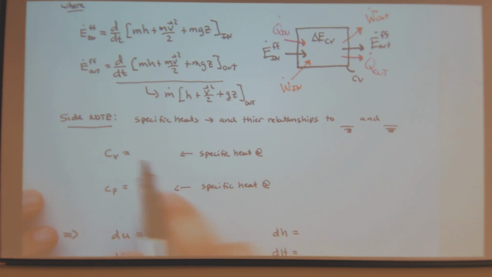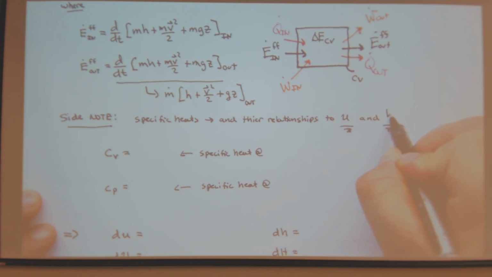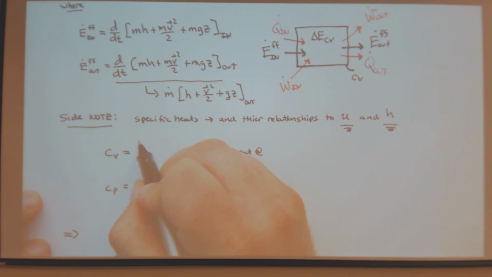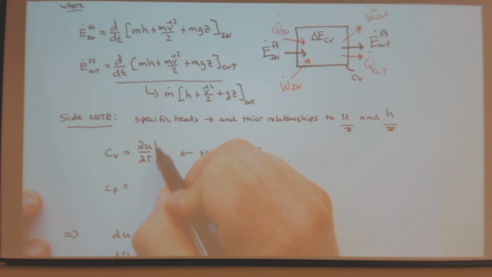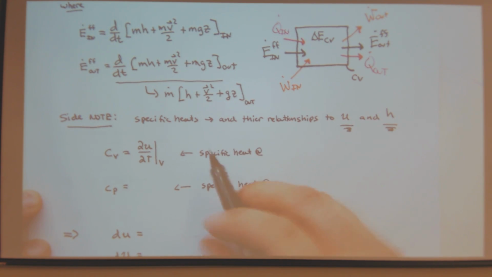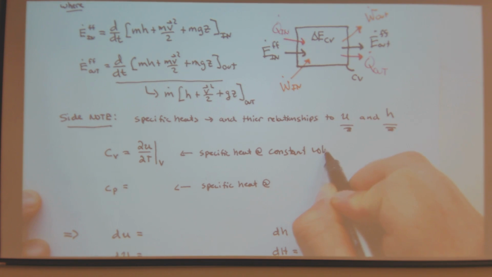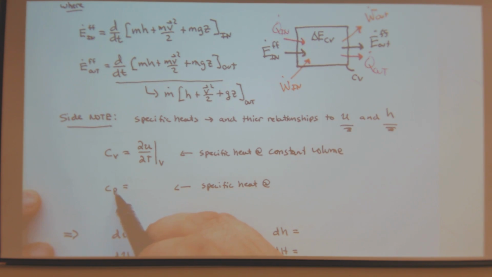So just a side note, specific heats and the relationships to U and H. The specific heat at constant volume is partial U, partial T at constant volume. CP is the specific heat at constant pressure.